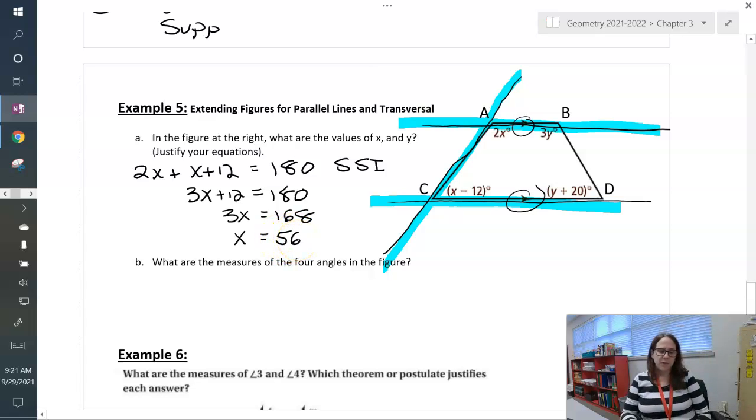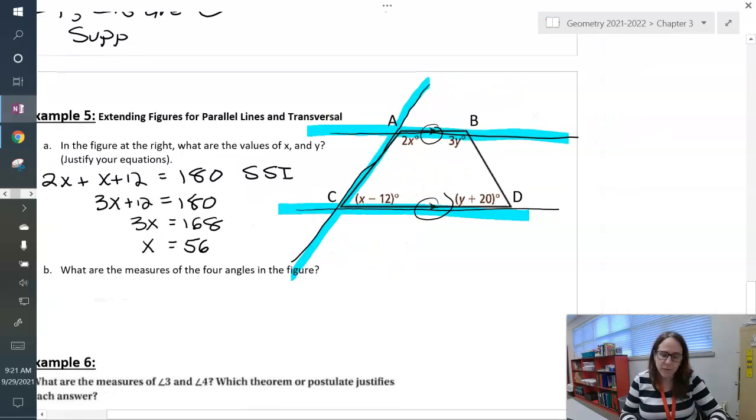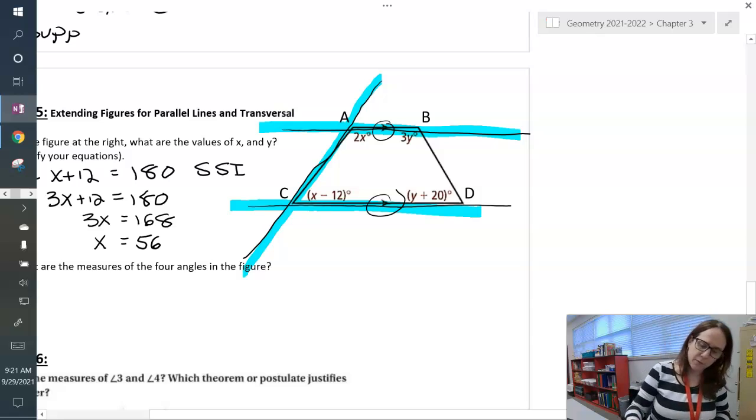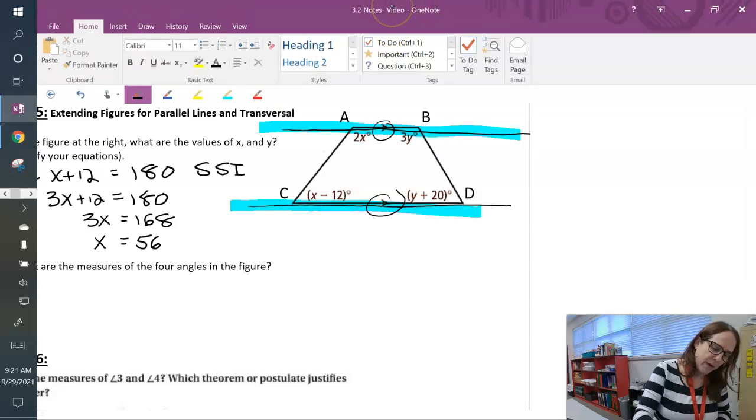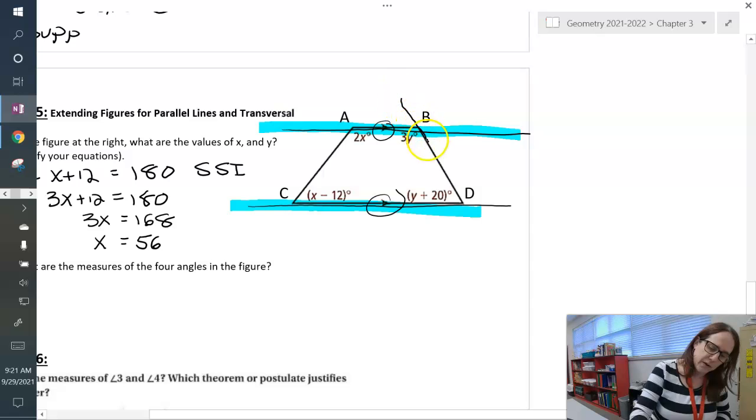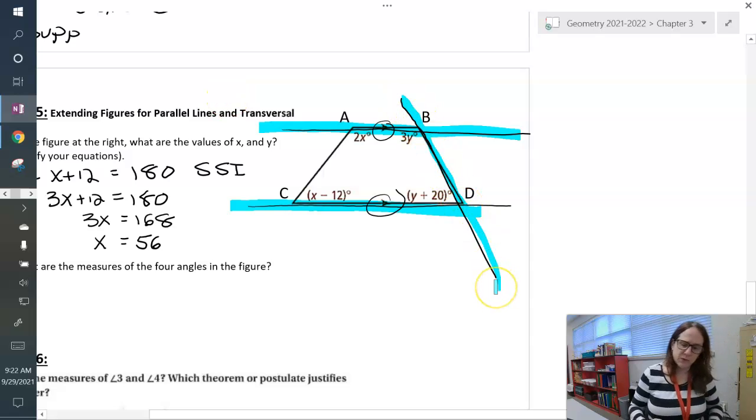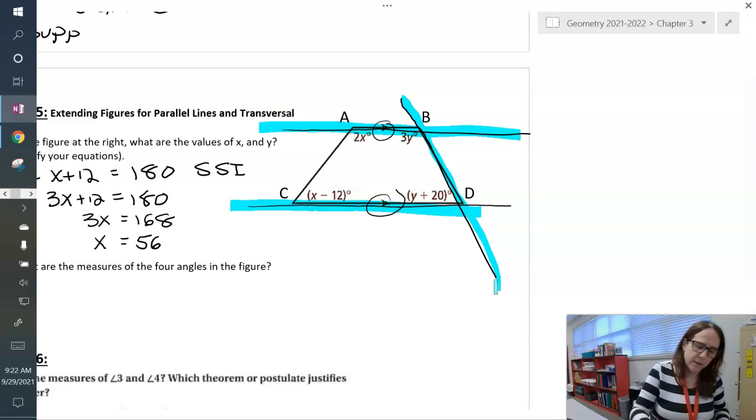Okay, now we're going to figure out the value of y. And I have run out of room. I'm going to come over here to the side and check this out. Now I'm going to extend this transversal right here. So I'm using the same parallel lines, but I've switched transversals. I'm over here. And now I have same side interiors with the 3y and the y plus 20.